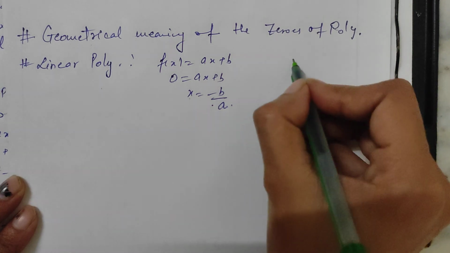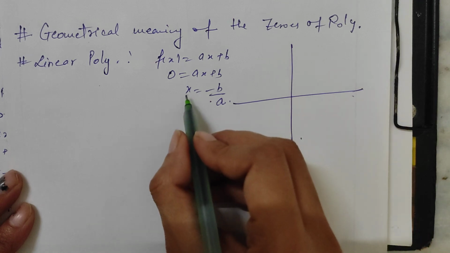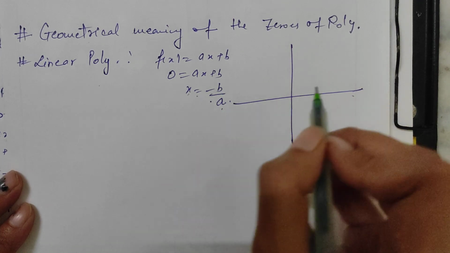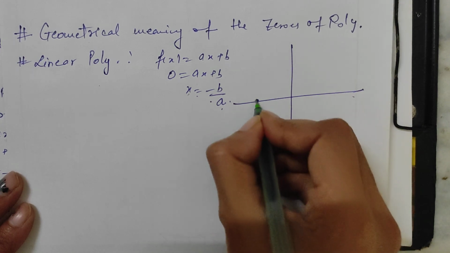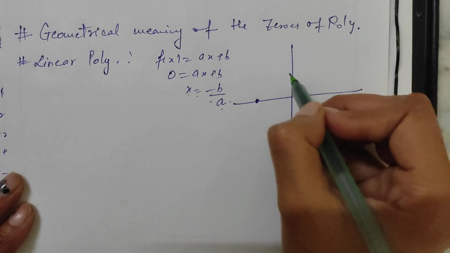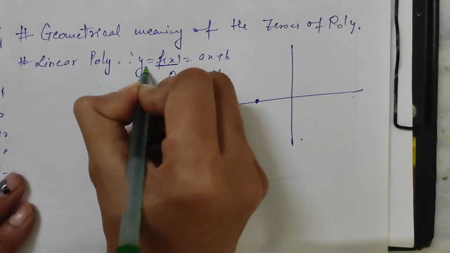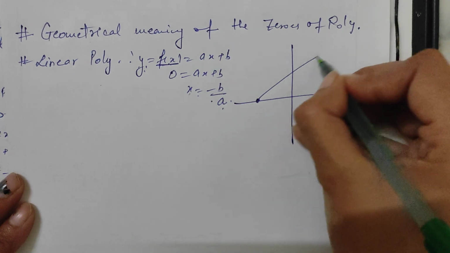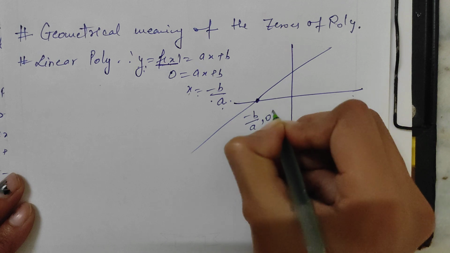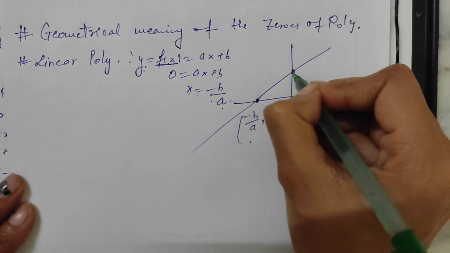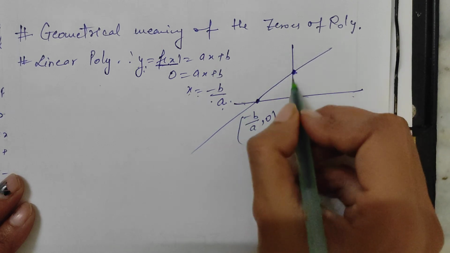वैल्यू है. See, as you are quite familiar with the graph also, this is your x-axis, this is your y-axis, and what we are getting, that is x equals minus b by a. Here is minus, that means we get this, and for this x obviously we are getting some y also, like f(x) can be written as y. So we are getting a straight line with coordinates minus b by a comma 0, and obviously here on the x-axis y is 0 and on the y-axis x is 0.